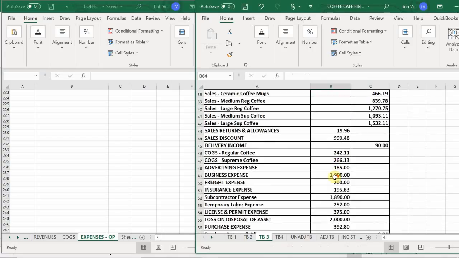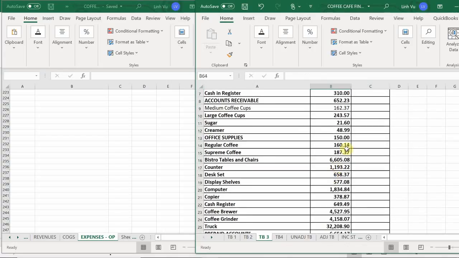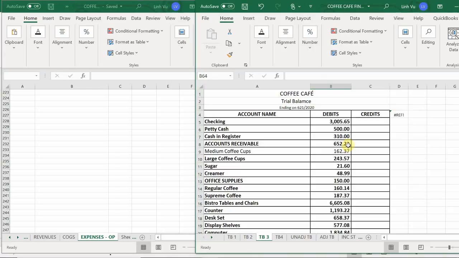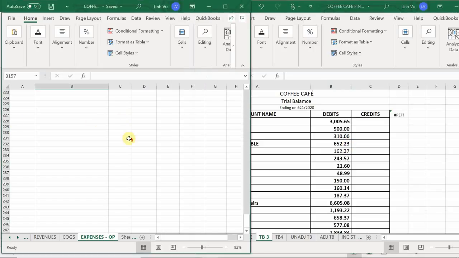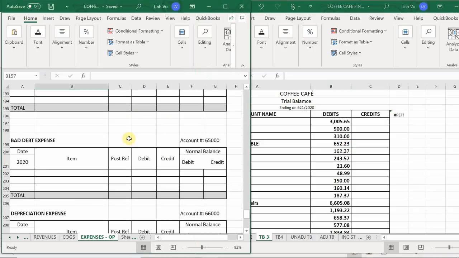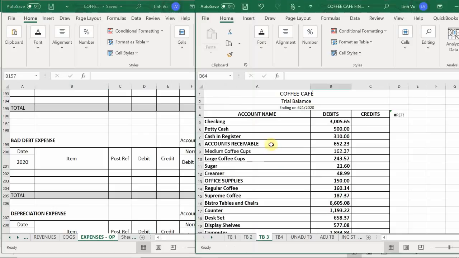Yes, fat fingering causes a lot of problems. But again, this is us transferring the information over. Now, if you use cell referencing, like I've mentioned before, you need to be very, very careful on which cell you select, okay? Especially if you're working from two different workbooks. You need to keep your files in one place for it to work.